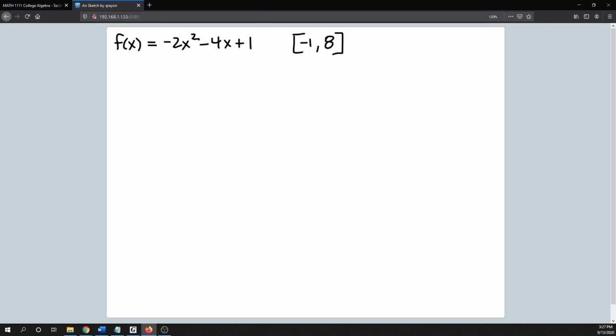The formula for the average rate of change over an interval is f of b minus f of a all over b minus a.